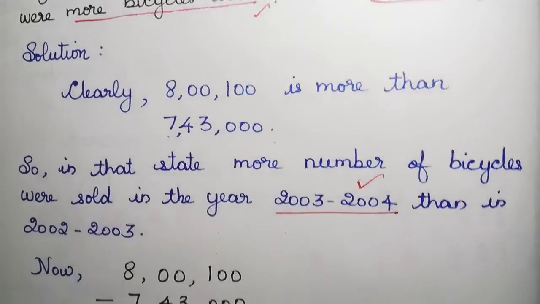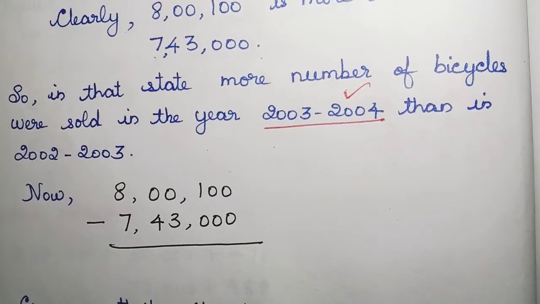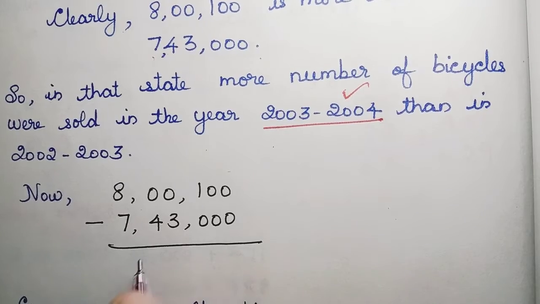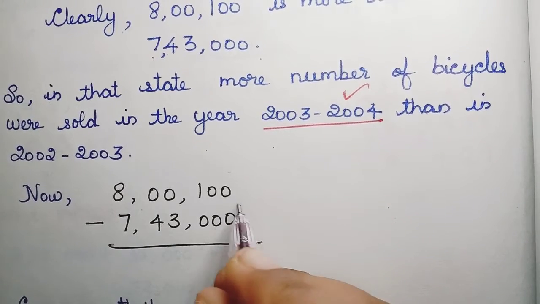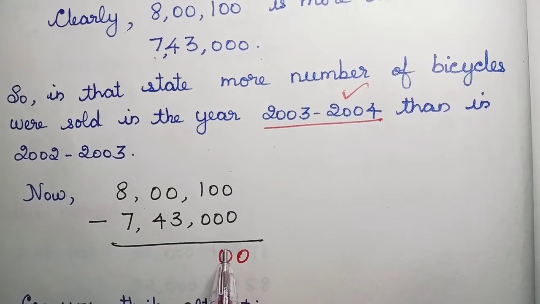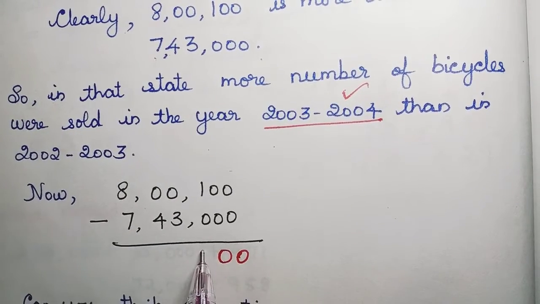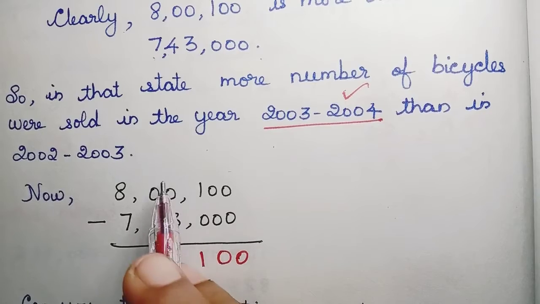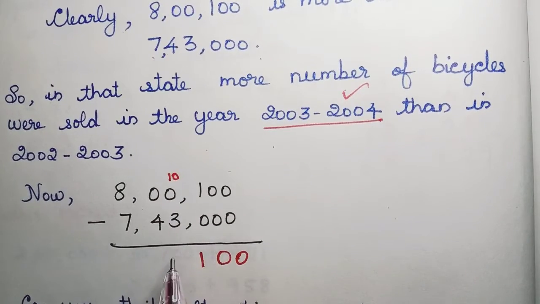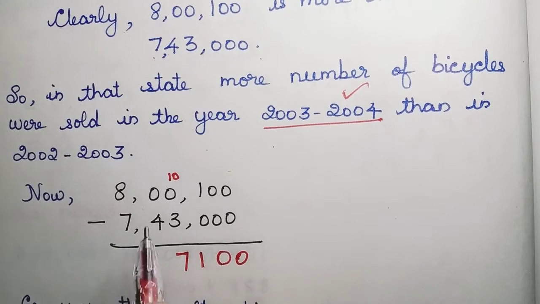The next question is to find the difference between the two values. How will you find the difference? We will subtract. 0 minus 0 is 0. Again 0 minus 0 is 0. 1 minus 0 is 1. 0 minus 3, so you have to take it as 10. 10 minus 3 is 7.